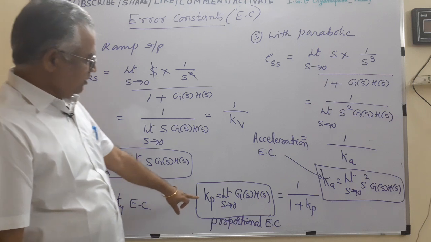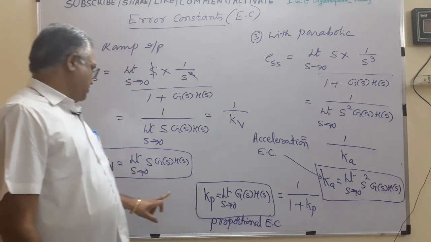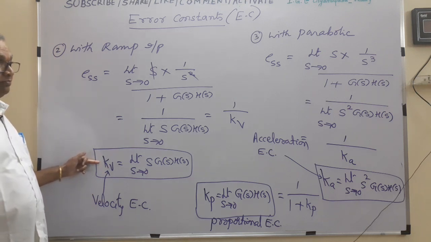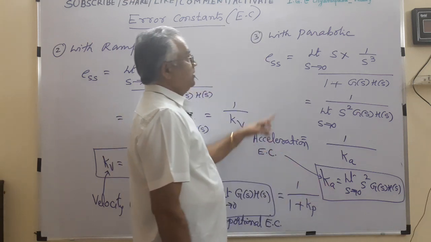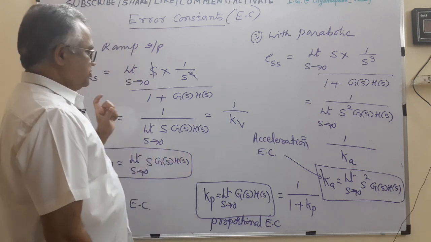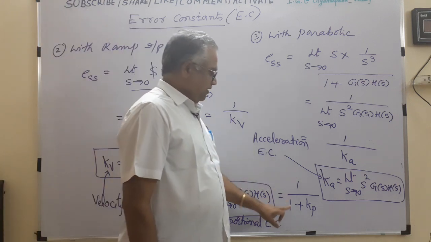We use this formula when the input is a step, this formula when the input is a ramp, and this formula when the input is a parabolic. With the step, what is the steady state error formula? 1 by 1 plus Kp.